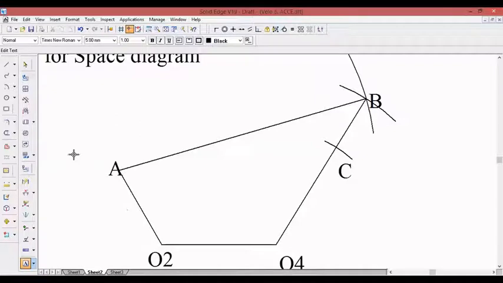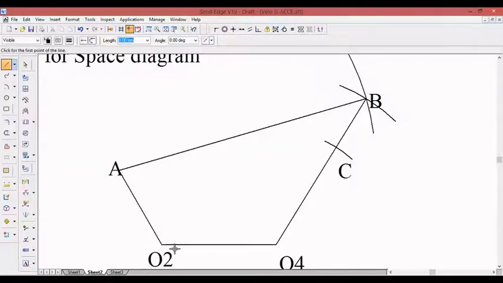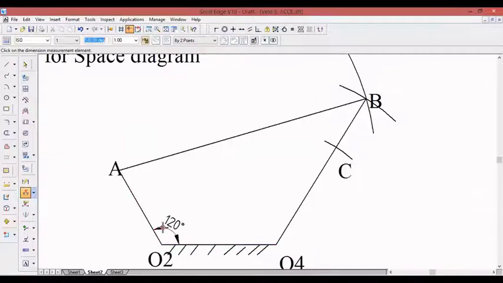And make sure all the alphabets in configuration diagram use uppercase. And this O2O4 link is fixed, so mention it by drawing a hatched line. This angle is 120 degree.